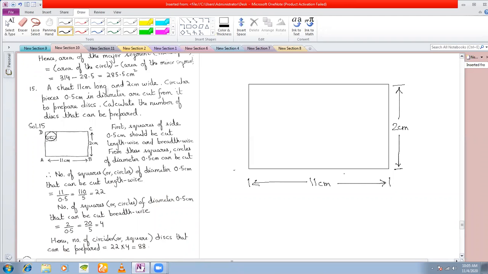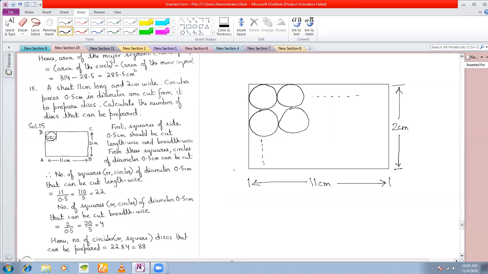Now these are circular discs, 0.5 centimeter in diameter. So what happens is that you cut out circular discs from this in this manner. Okay, you keep cutting lengthwise and you keep cutting breadthwise also.